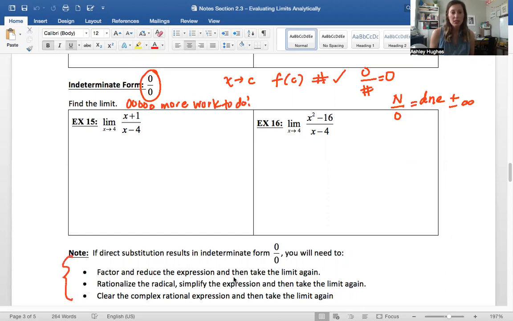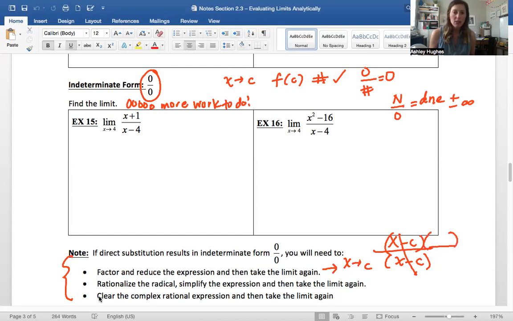Factor and reduce the expression. Now, I'm going to give you a key with this. If x is approaching c, usually the problem factor is x minus c, which I'm going to demo in this one up here. So you're trying to get rid of x minus c in the top and the bottom. So it will cancel, and you'll be able to plug into whatever else is left over.